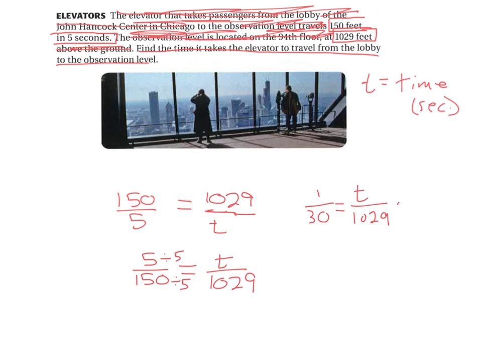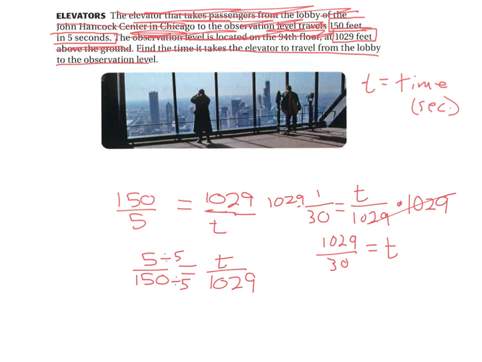And now I'm just going to multiply both sides by 1029, because that's the inverse operation of division. And I'm going to cancel over here. I'm going to get T equals 1029 times 1 is 1029 over 30.